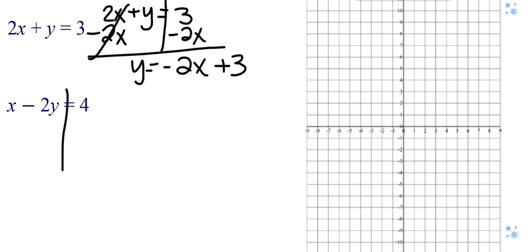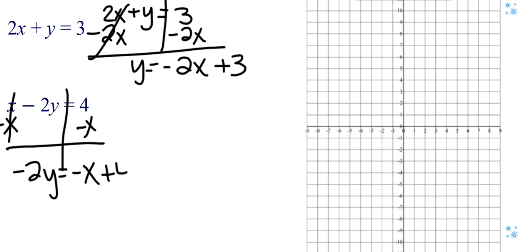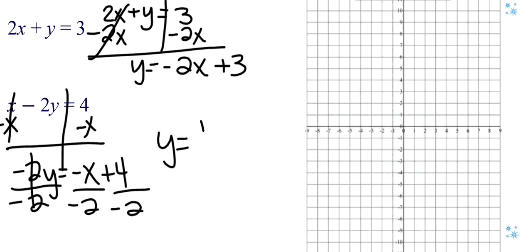I have x minus 2y equals 4. So I'm going to subtract x from both sides. Negative 2y equals negative x plus 4. Divide everything by negative 2. So I'd have y equals 1/2 x minus 2.